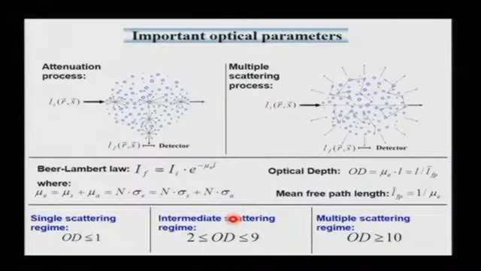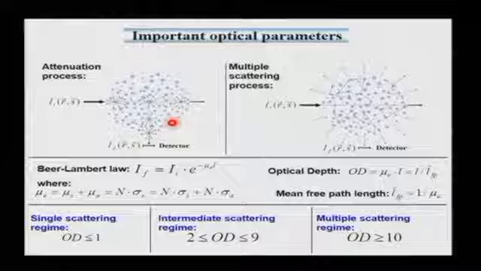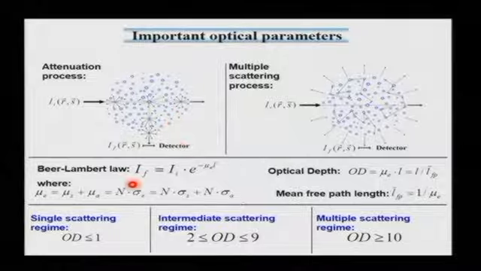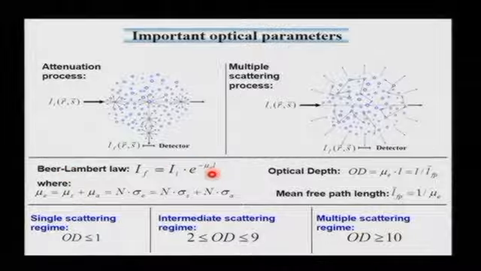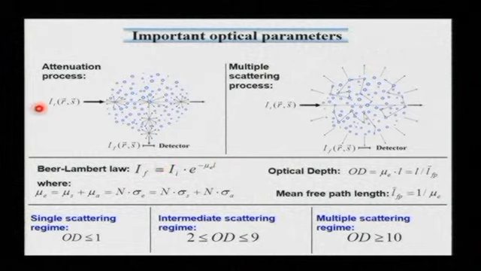From a theoretical point of view, we're always trying to find quantitative parameters that can characterize the tissue. The key law is the Beer-Lambert law, or Beer-Lambert-Bouguer law, which is an exponential decay of the intensity going in and coming out on the detector.